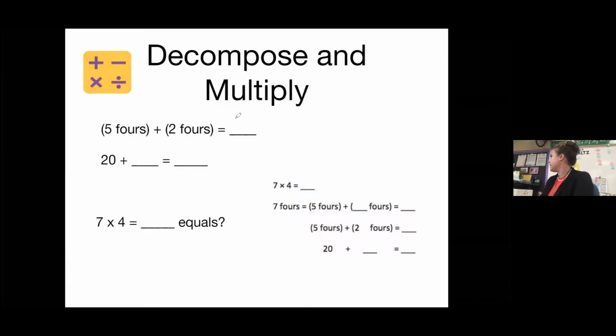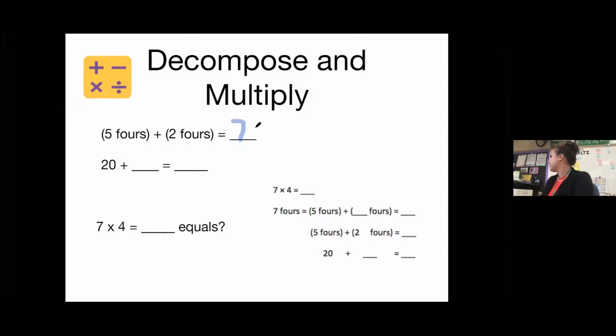And we know that equals 7 fours. 5 fours is 20. 5 fours, 4, 8, 12, 16, 20. And 2 fours, 4, 8. You add them together to get 28. So 7 times 4 equals 28.